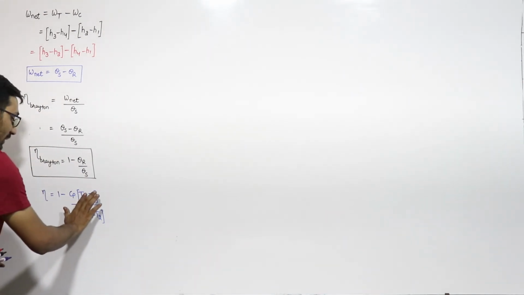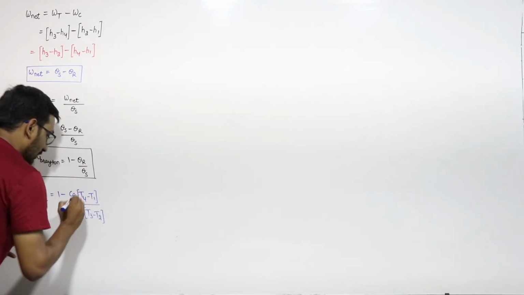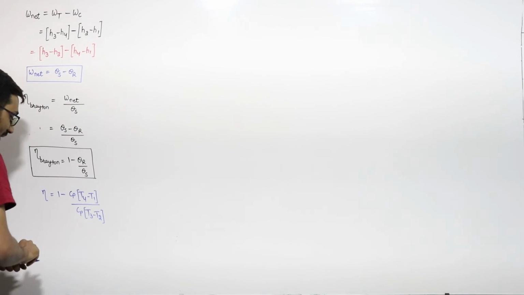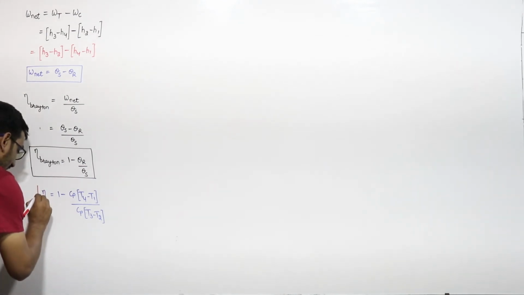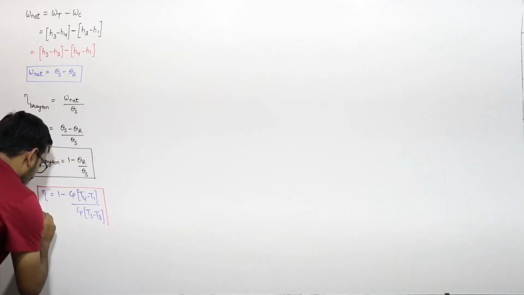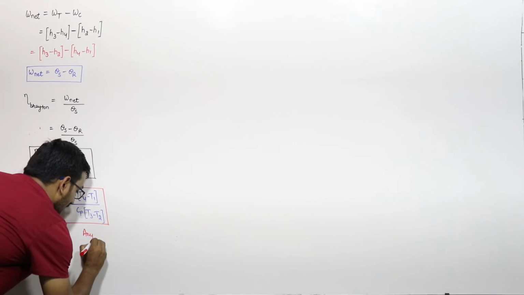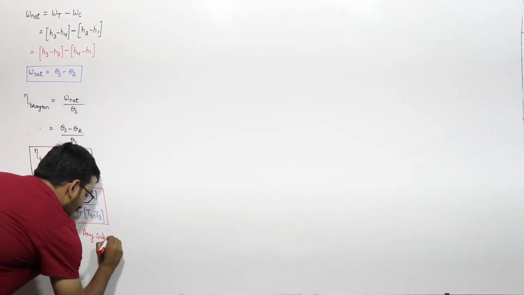This formula you can write for any substance, because this is a formula of heat rejected and heat supply. So this formula of efficiency in terms of temperatures can be written for any substance. This is important.